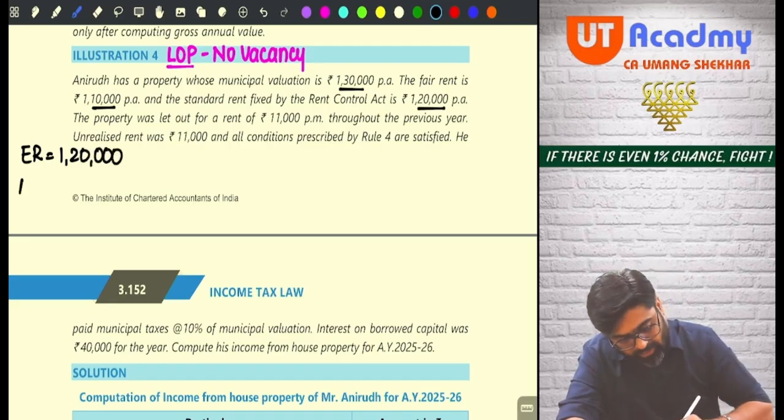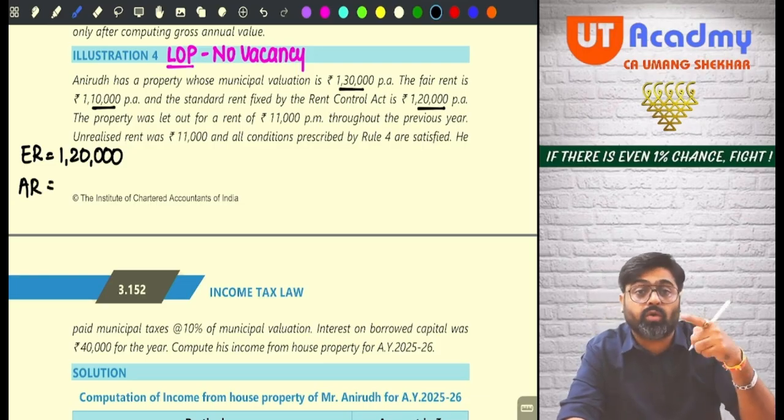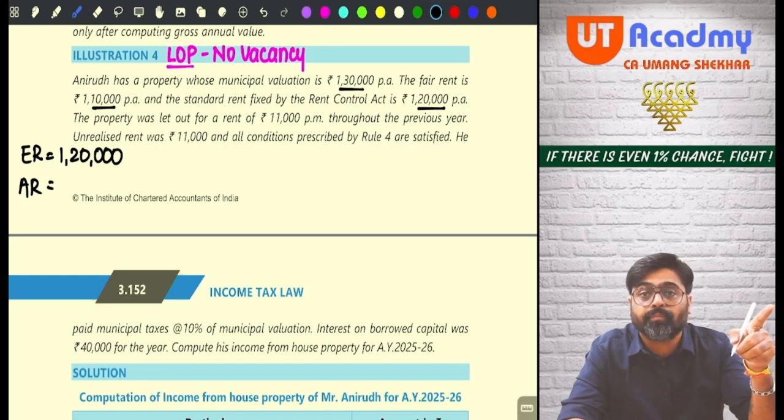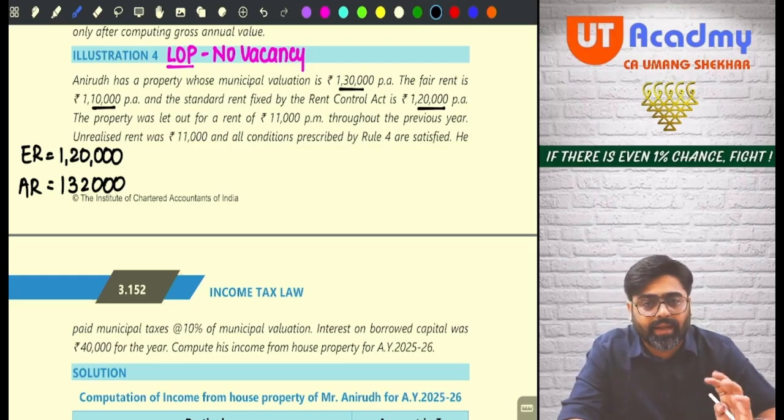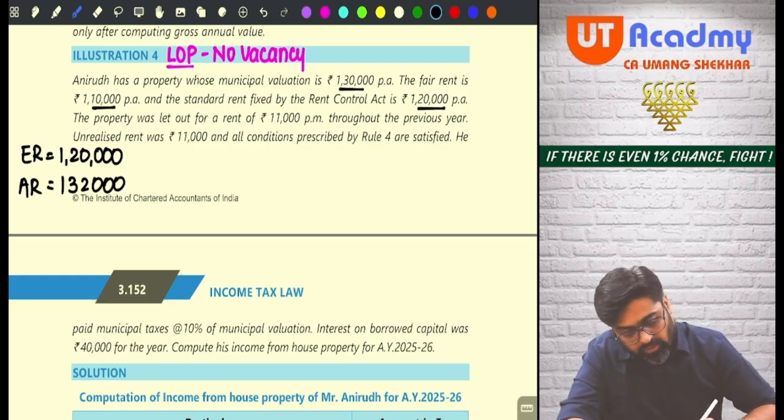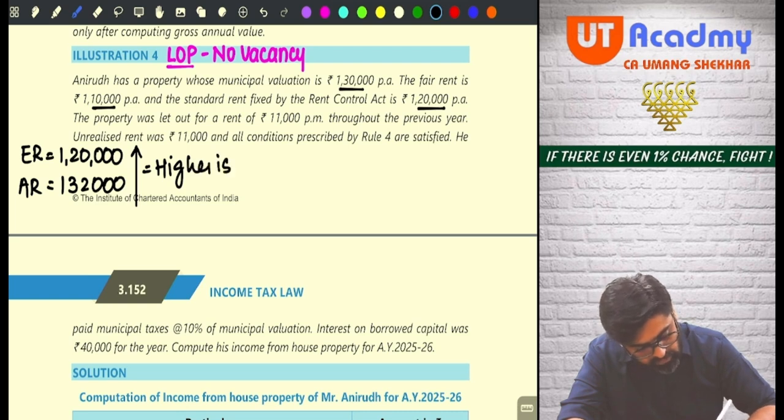And what will be my actual rent? Actual rent will be 11,000 per month into 12 months let out period. Yes or no? Will be 1,32,000. Everyone got this? Was there any vacancy? The answer is no. If there is no vacancy, actual rent or expected rent, whichever is higher, higher is GAV.